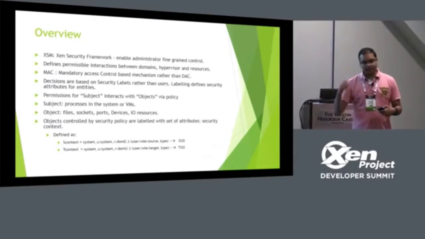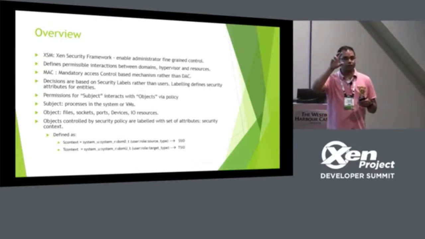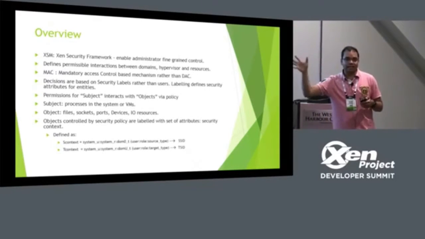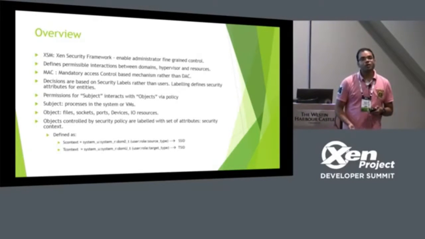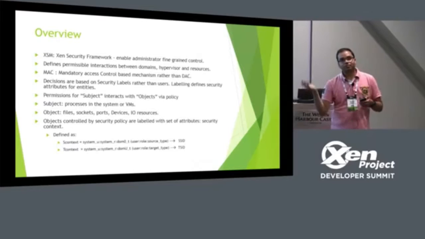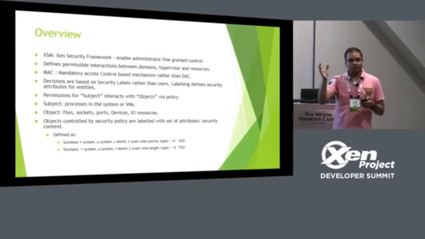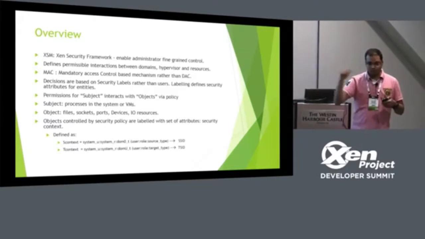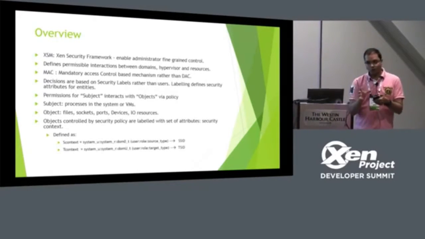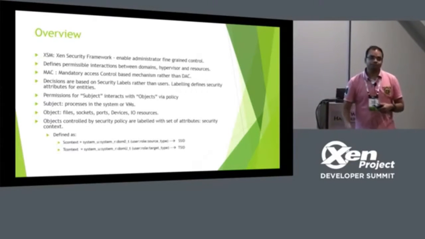For a basic understanding, it can be thought of as a tuple comprised of user, role, and type of a subject. Similar goes for the target also. So to define a permission, you define the source security context made up of the user, the role that the user performs, and the type of the source, the type of the subject. And similar goes for the target: user, role, and type of that target.